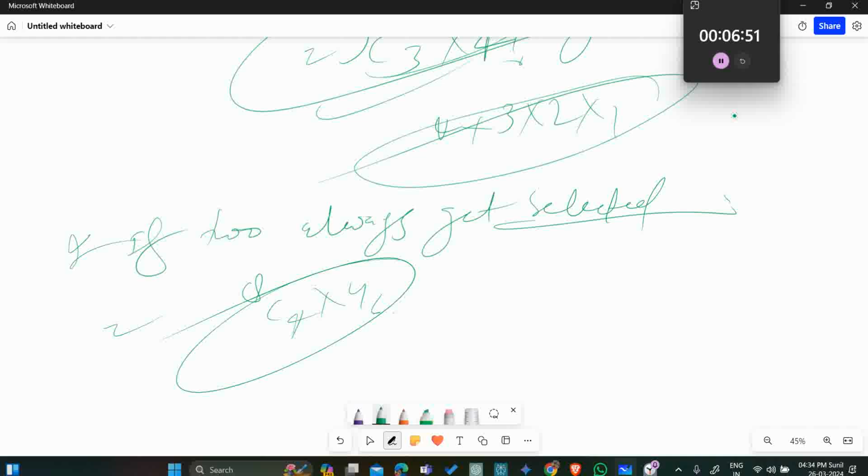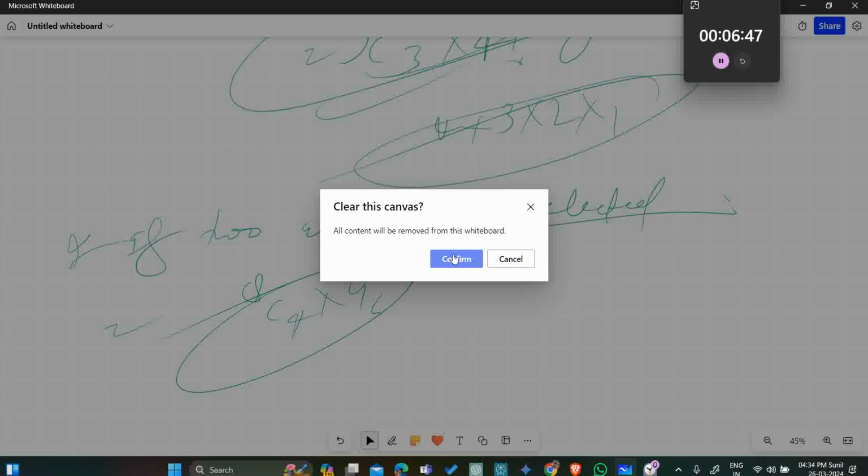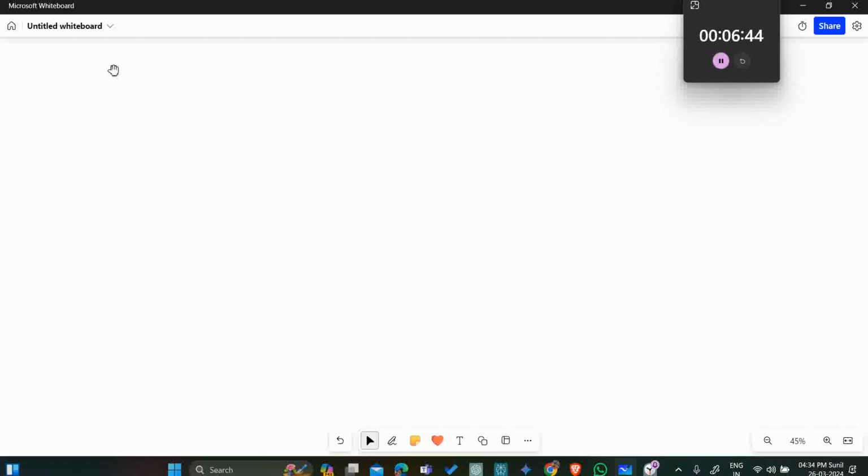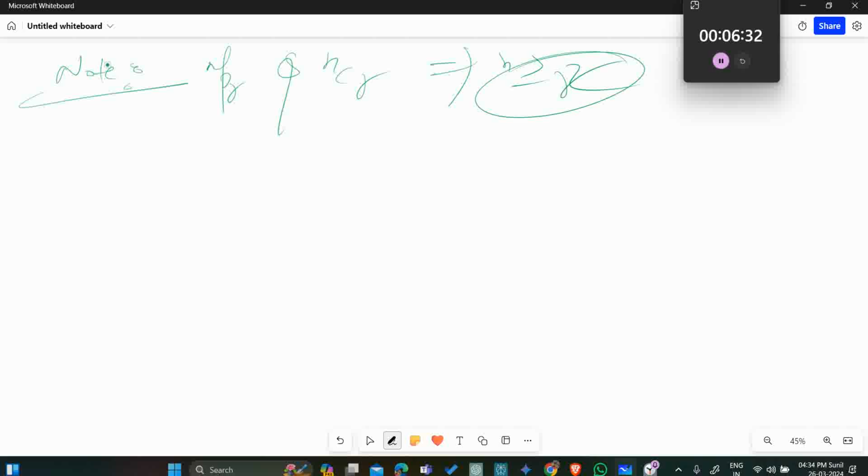Next, note here: nPr and nCr, where n is greater than or equal to r. Note one more: 10 chairs and 4 persons, n is 10, r is 4.